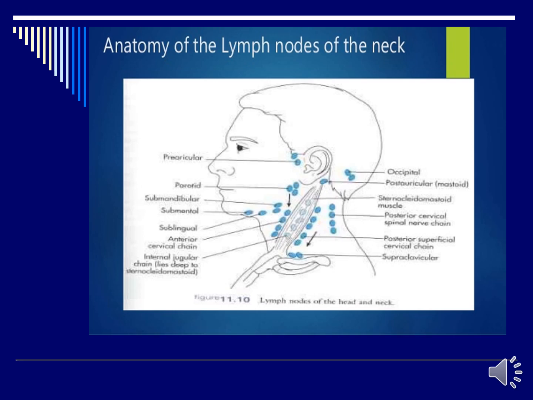Also, there are the anterior cervical groups arranged in chains anterior to the sternocleidomastoid, called the anterior cervical chain, the deep or internal jugular vein chain, the posterior superficial cervical group, and the posterior cervical group along the spinal accessory nerve, and the supraclavicular lymph nodes. And there is an anterior group of lymph nodes, the paratracheal or laryngeal group.